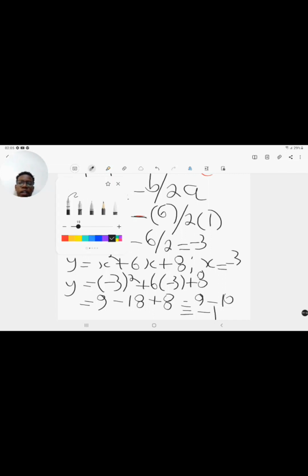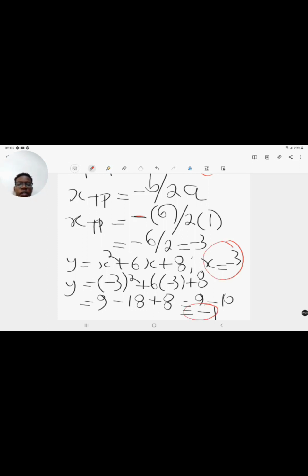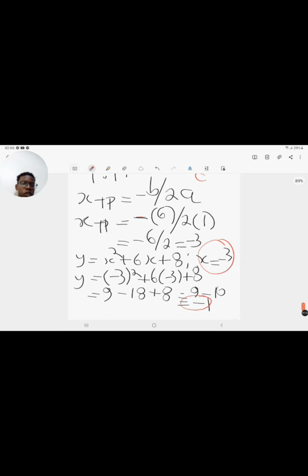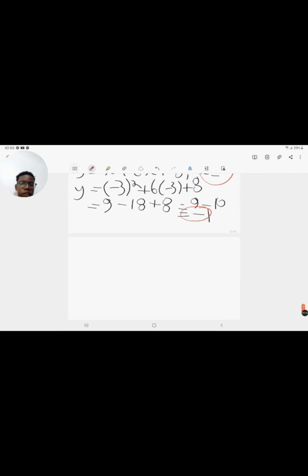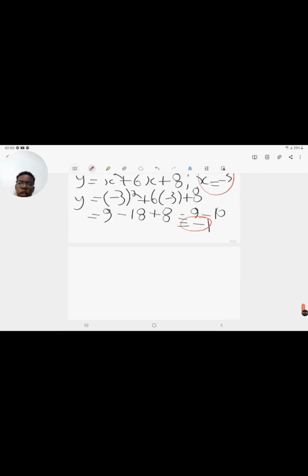So then the coordinates of your turning point are, your x value is minus 3, your y value is minus 1, right? So the coordinates of your turning point, TP, are going to be x is minus 3, y is minus 1.